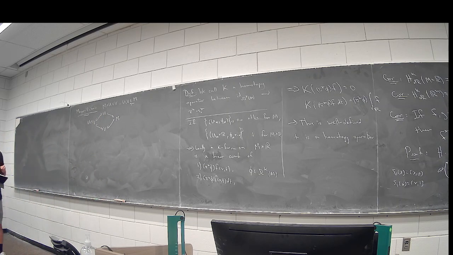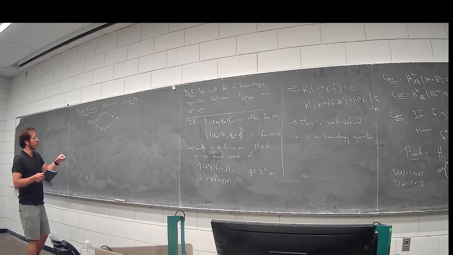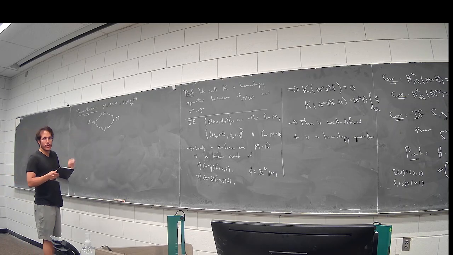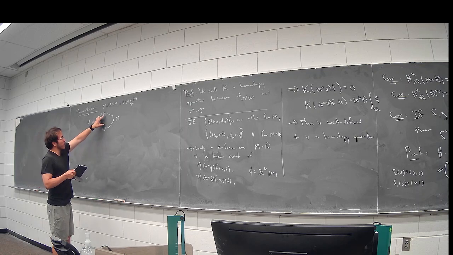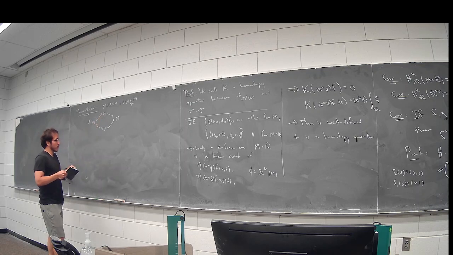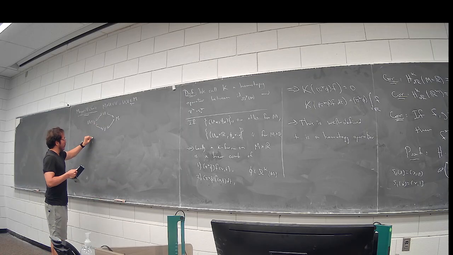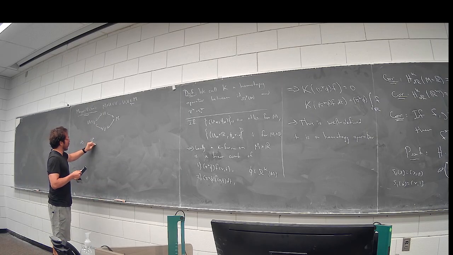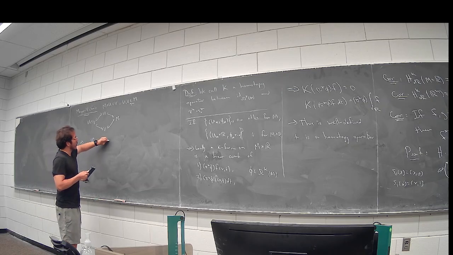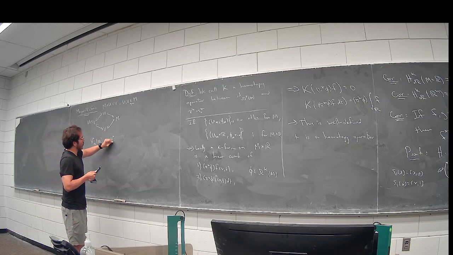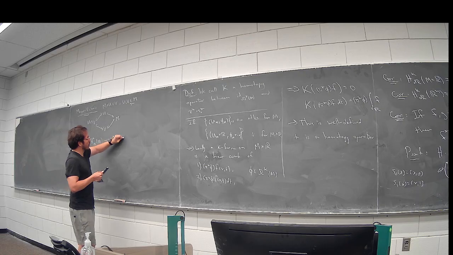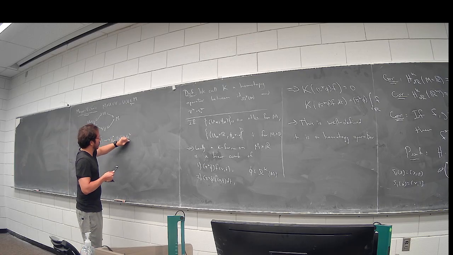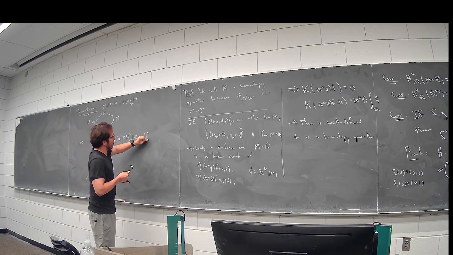Now what I can do is I can take H star of everything here, and I'm going to have a diagram with the opposite arrows. The arrows reverse with H everywhere. And what I'm going to do is collapse this to a single piece by taking the direct sum of both groups. So what I mean is I'm going to have a sequence: H star de Rham of M into H star de Rham of U, H star de Rham of V, and H star de Rham of the intersection.